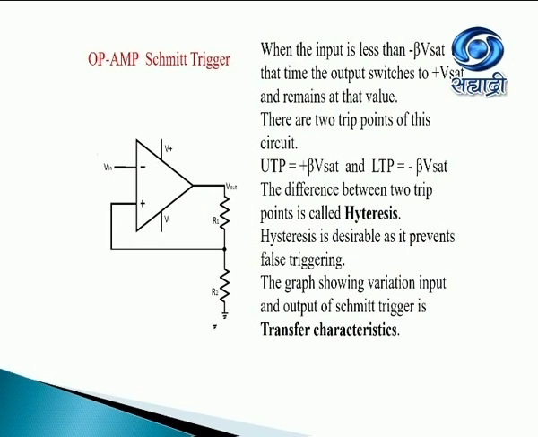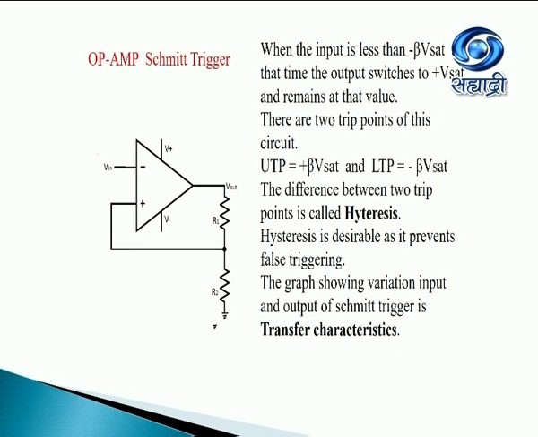The difference between two trip points is called hysteresis. Hysteresis is desirable as it prevents false triggering. In open loop comparator, basically false triggering is the problem, and so in regenerative comparator, this problem is solved.